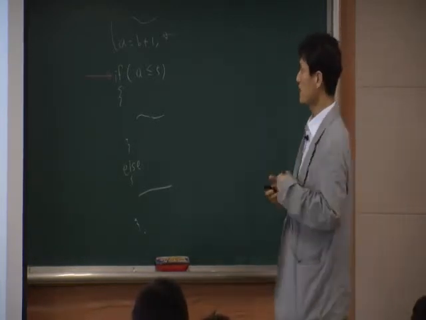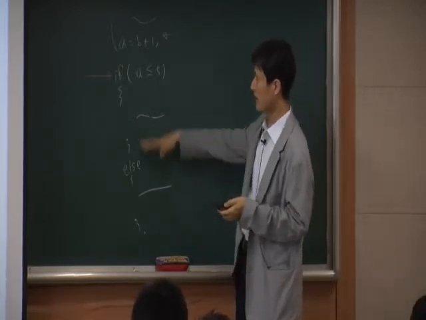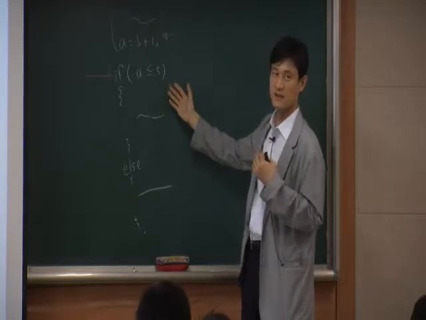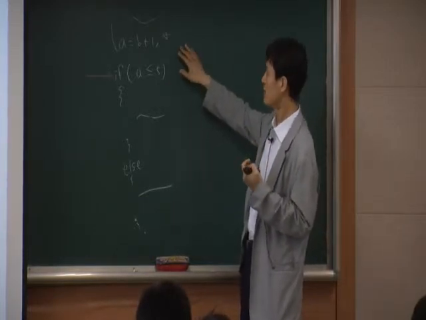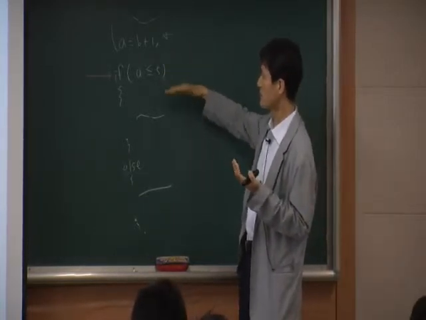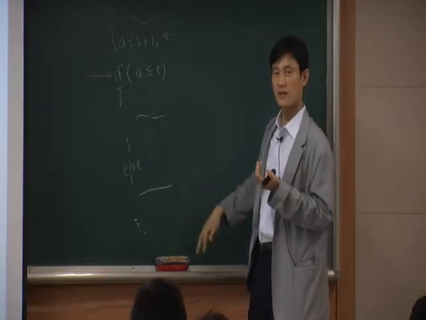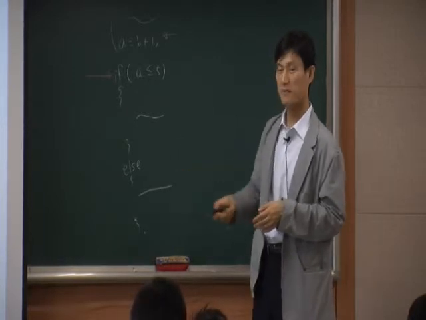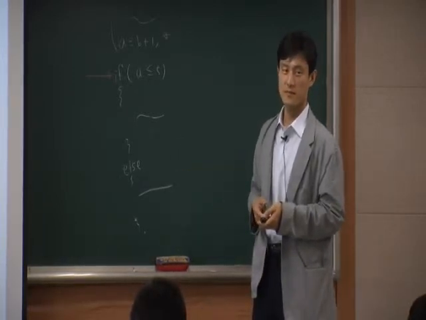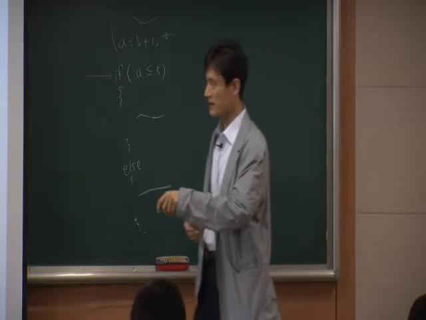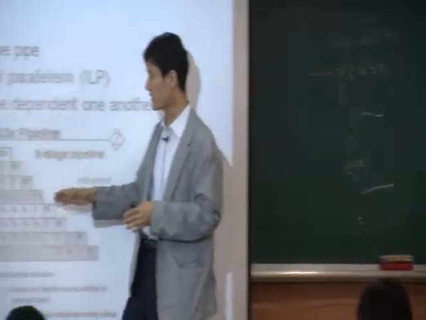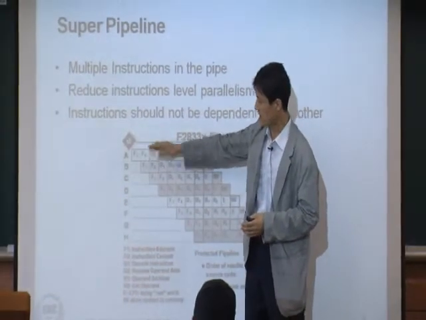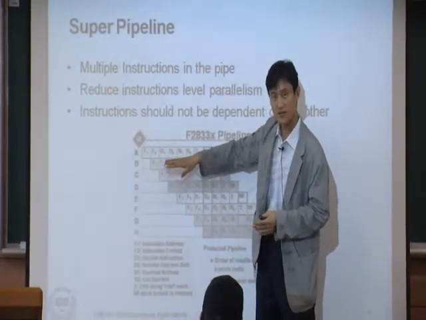Same here in assembly. You have an assembly program like this, and you can never guess whether you will jump here or there. In that case, how can you use a pipeline? In the pipeline, you have a lot of instructions: the first instruction is brought here, and the second instruction there.